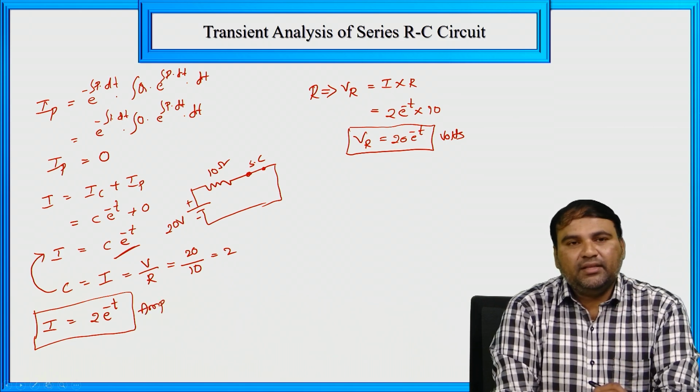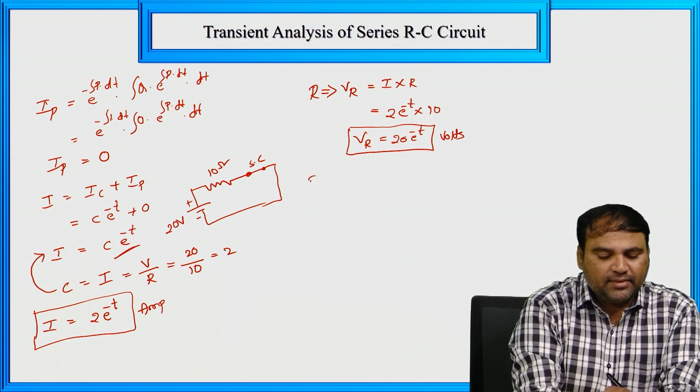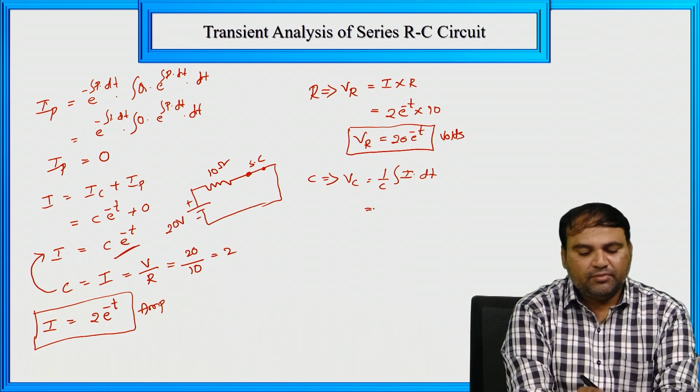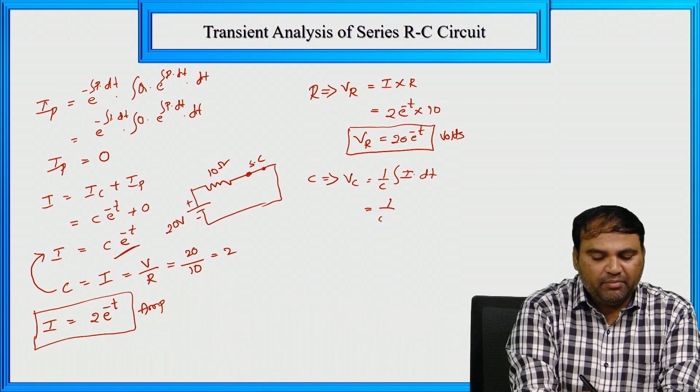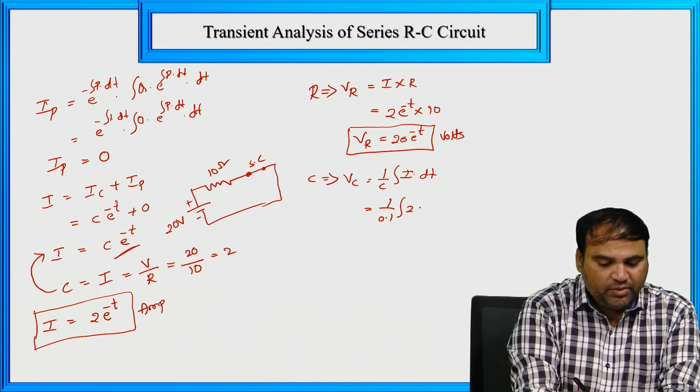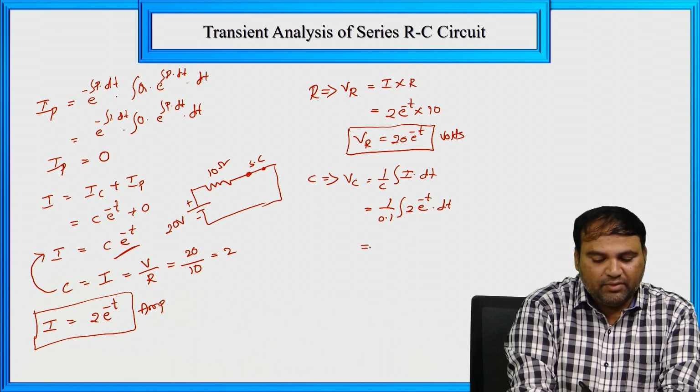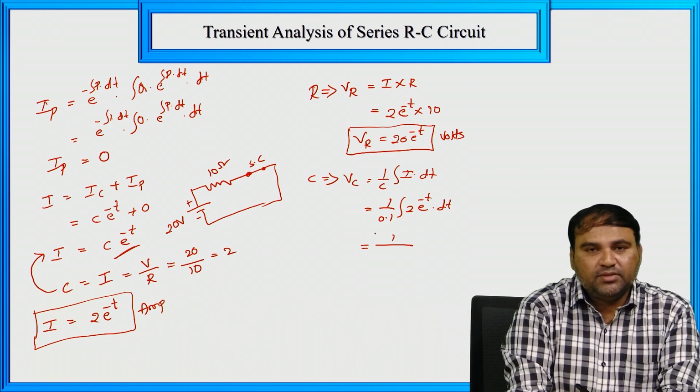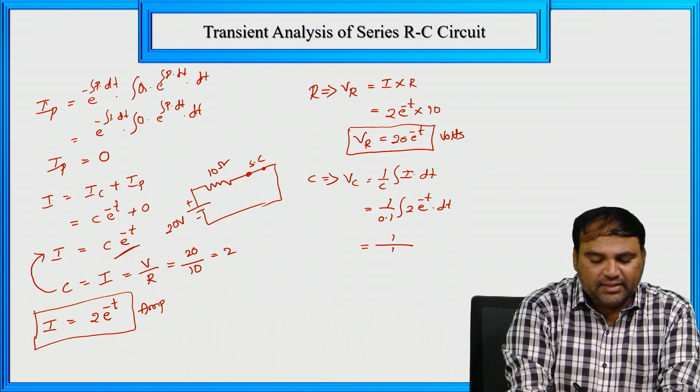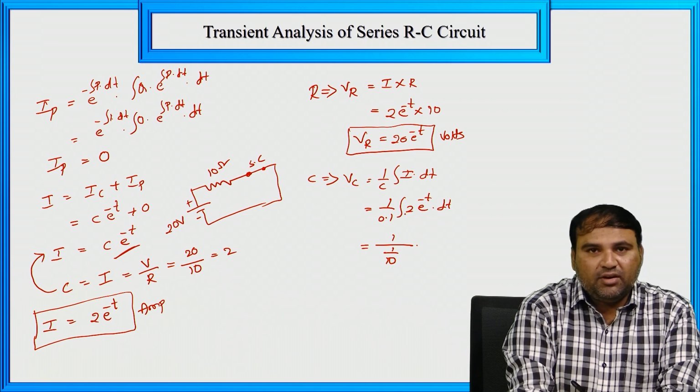Similarly, the voltage drop across the capacitor, Vc, equals 1 by C integral of I into dt. What is C here? 1 by 0.1 integral of I, that is 2 into e power minus t into dt. So 0.1 I am writing as 1 divided by 10, and 2 is constant.